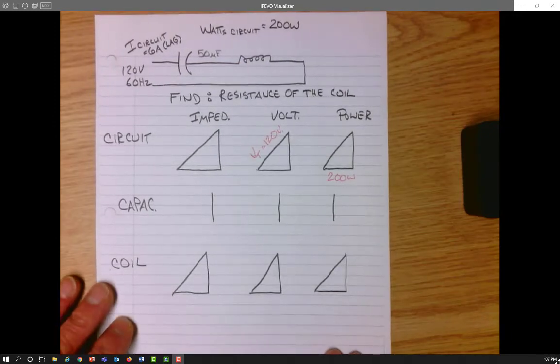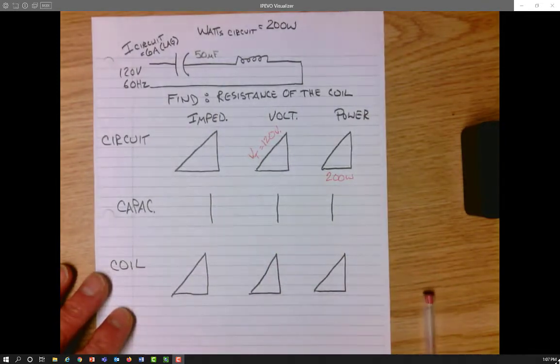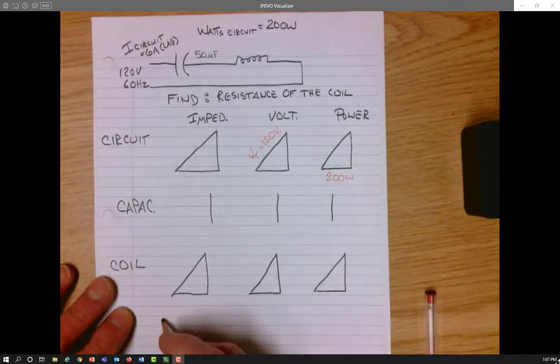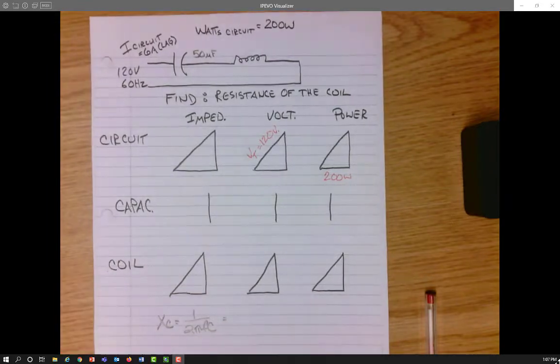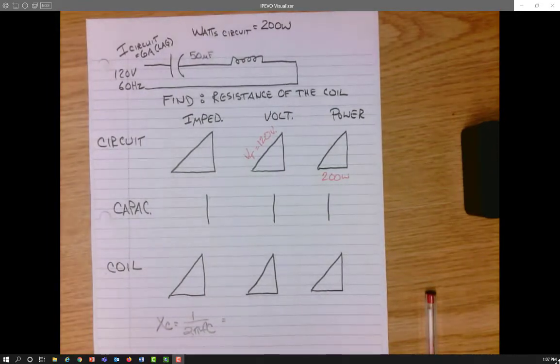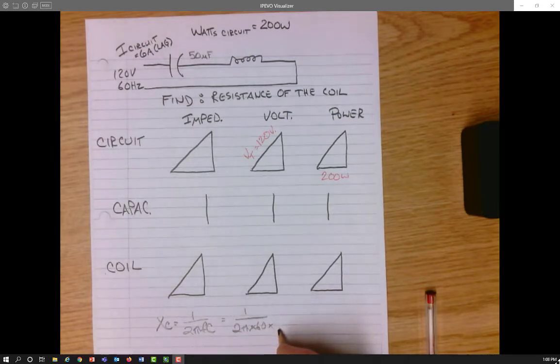I also know that the capacitor is 50 microfarads, so I can figure out the XC of that capacitor. XC is 1 over 2 pi F C. So 1 divided by 2 times pi times frequency times capacitance in farads. Or you can go 1 over 2 times pi times 60 times 50 microfarads as farads would be 6 decimal places back.